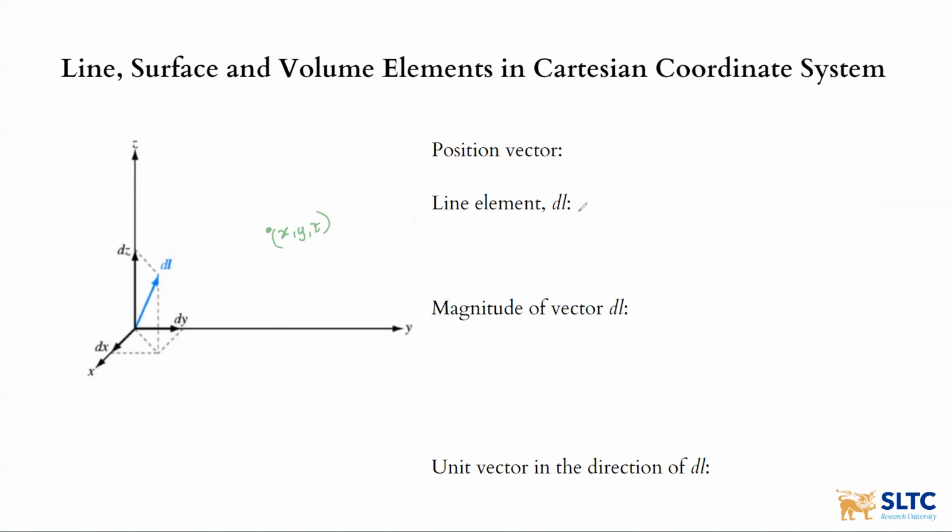If we know that the unit vectors along each of these axes are i hat, j hat, and k hat, what is the position vector that we can write to denote the position of the point that we consider? Let's assume this is a point A. What is the position vector of point A? I need quick answers.